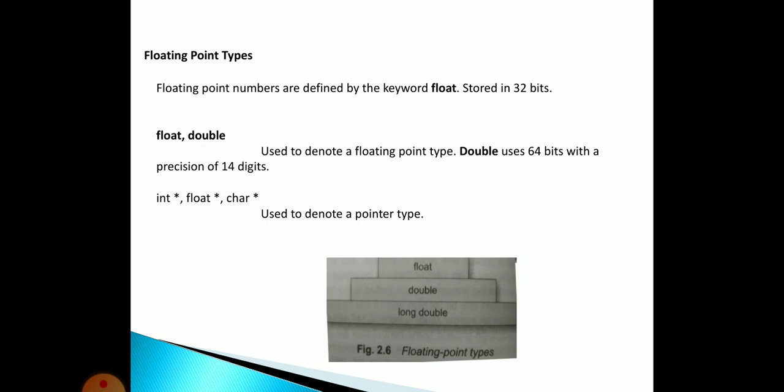So these are the three main classes of the floating point type: float, double, and long double.